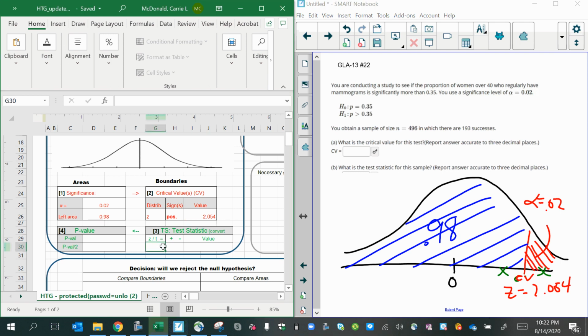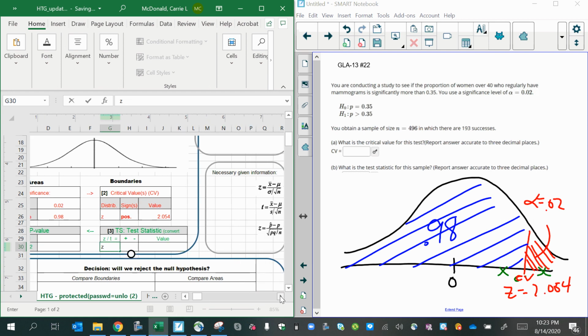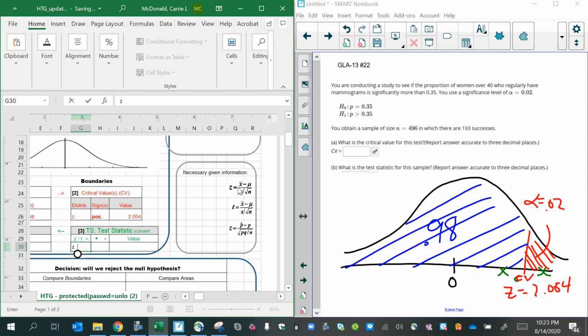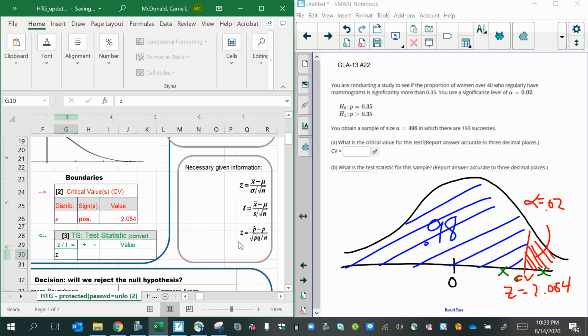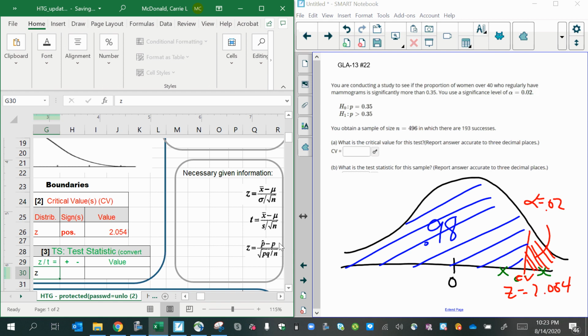So we're calculating a z-score using the formula from the formula sheet, and I have copied it here. It's this one with the p hat and the p's in it. So that's my test statistic formula. Now, what do I need in order to calculate this? What are the pieces I need?